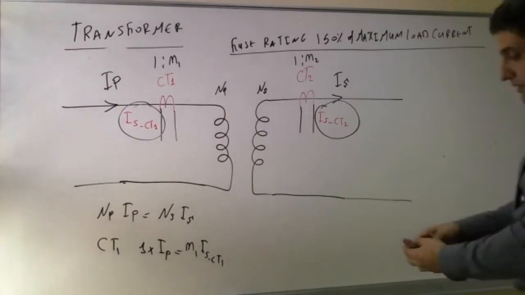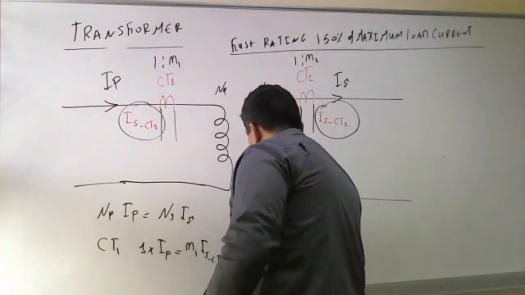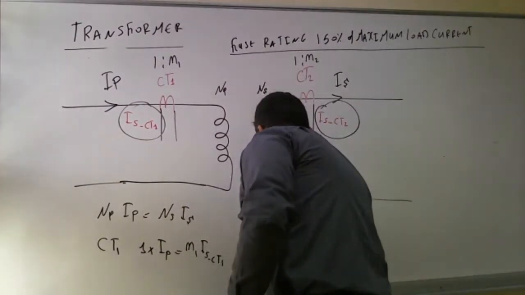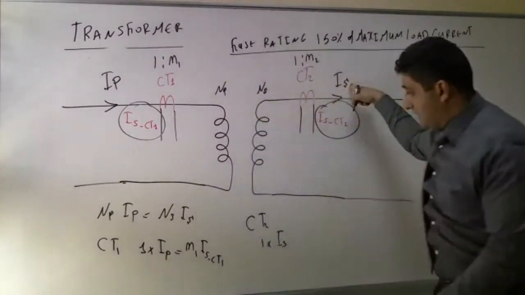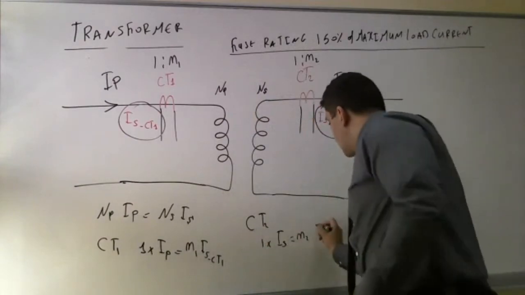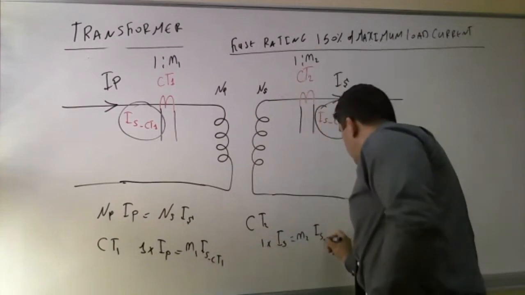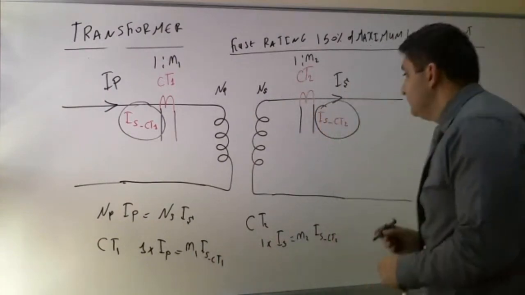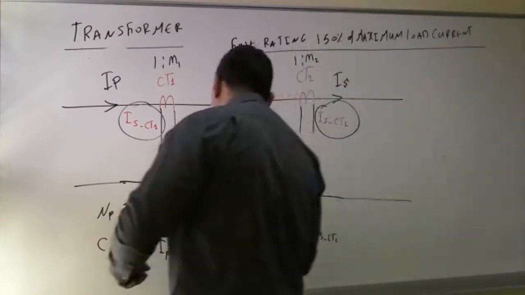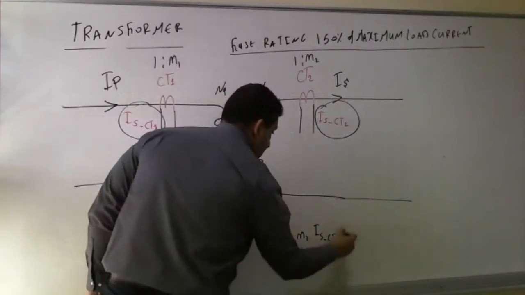Can you see? This is 1. For CT2, I have the same. I have 1 multiplied by I secondary, which is this secondary, equal to N2 times I secondary of CT2, which gives me the I primary and I secondary.